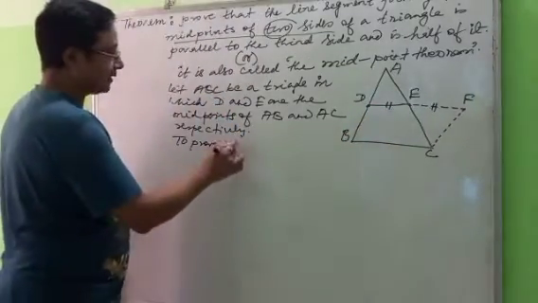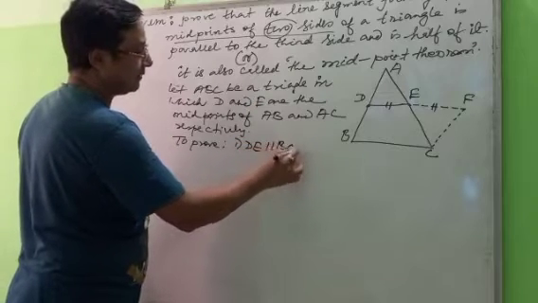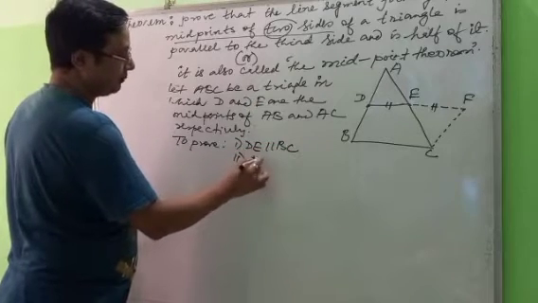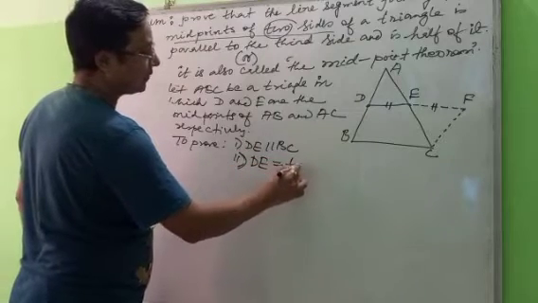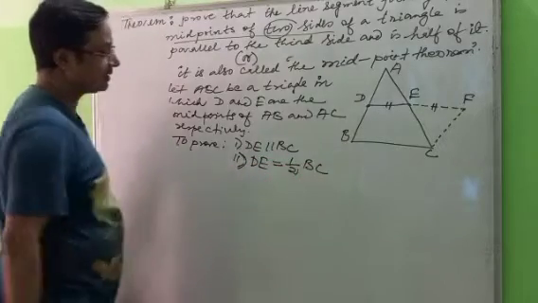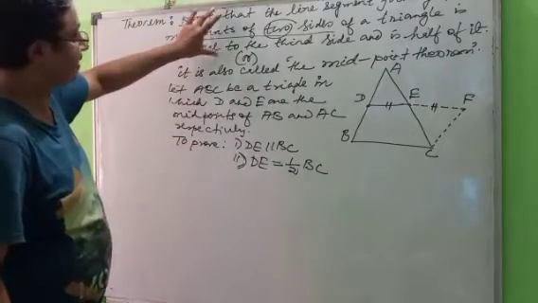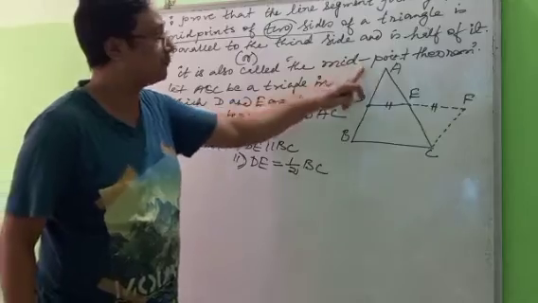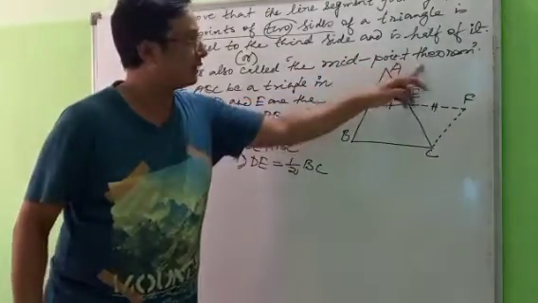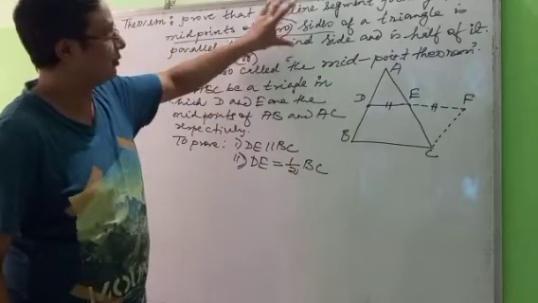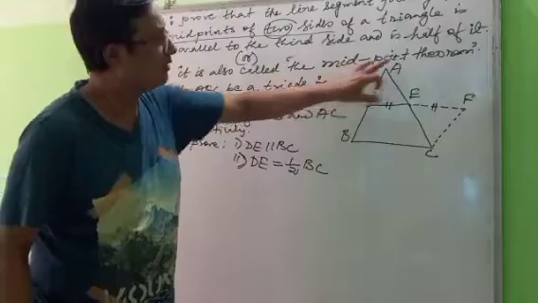That means to prove, number 1, DE is parallel to BC. Number 2, DE equals half of BC. These are the two things to prove. In short, this statement is called the midpoint theorem, and normally you will write this one only.